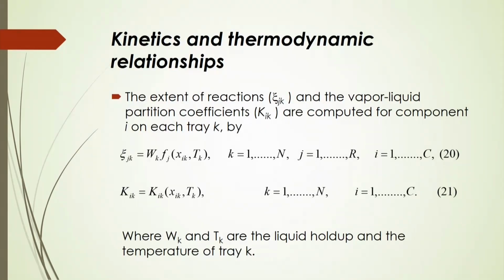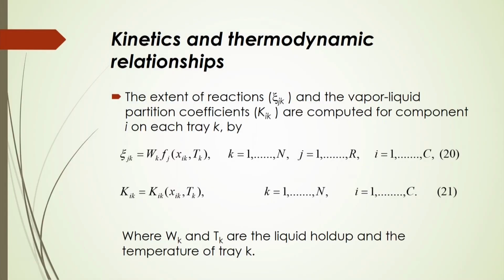Now, after that you have to consider the kinetic and thermodynamic relationships, the extent of reactions J_k, and the vapor liquid partition coefficients K_ik. Those can be computed for component I on each tray by equations 20 and 21, where W_k and T_k are the liquid hold-up and the temperature of the tray K.